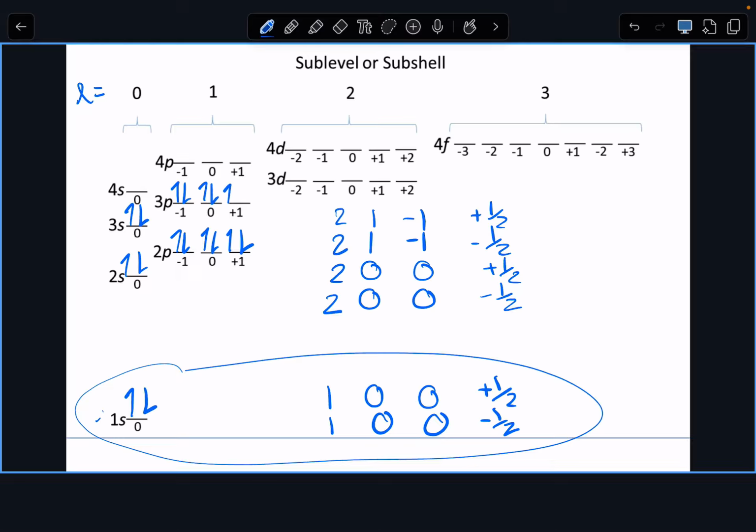I feel like I need a second to let that sink in. And then we could keep doing this for N equals 2, L equals P or 1, 0, and for positive 1, and so forth. We could list all of them if we wanted to.